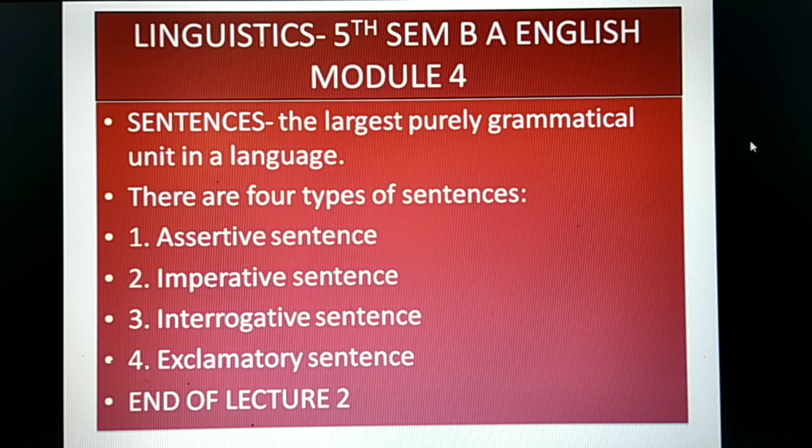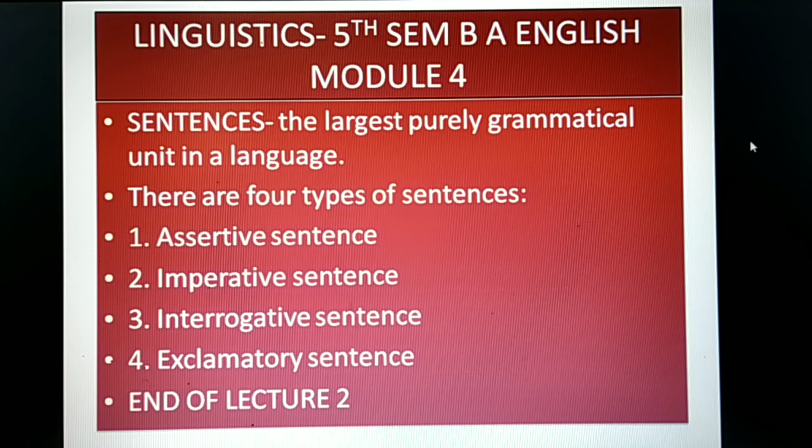So all this is expression of wonder, surprise, or even shock, right? Alas, he passed away. Alas, he died. It's a shock, right? And it could be something like great joy or happiness, like hurrah, we won the match. These are all expressions of exclamation.